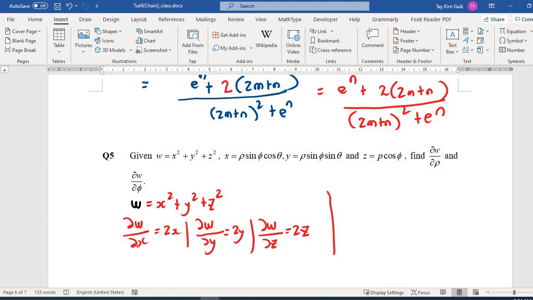I think up to now you should be able to find a partial derivative quite quickly. Should be okay, right? This one del w del x, del w del y, del w del z. And then x, you have rho sin phi cos theta.